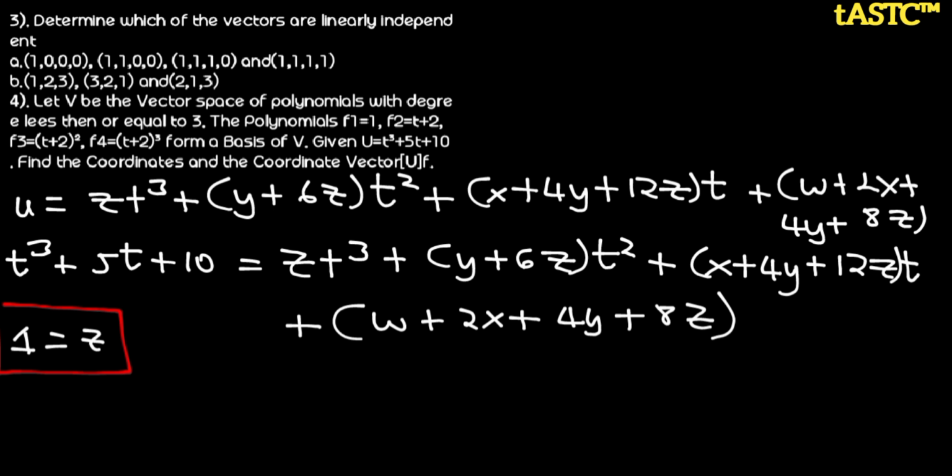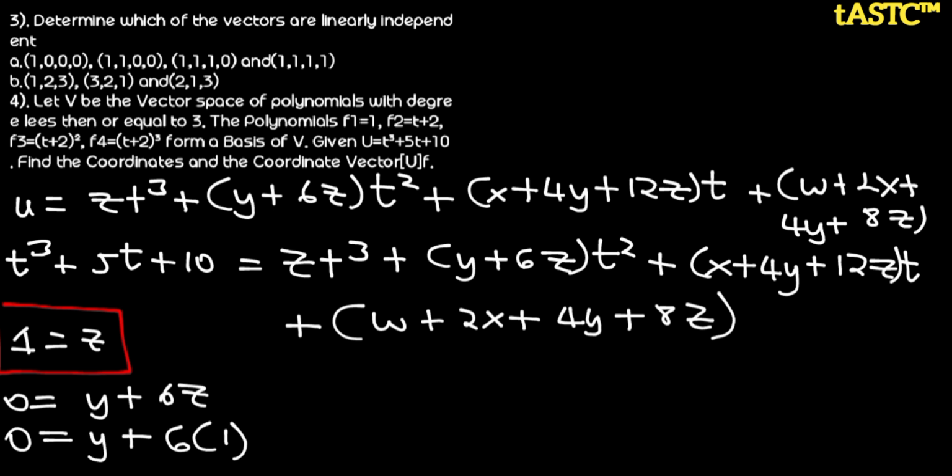So let us go to the second. It happens to be that we do not really have any t on this side containing the power of 2. So that will be a 0. And on the other side, we're going to have y plus 6z, because we have a t squared here. Now we already know what z is. So that is going to be a 0, and this will be y plus 6 multiplied by 1.